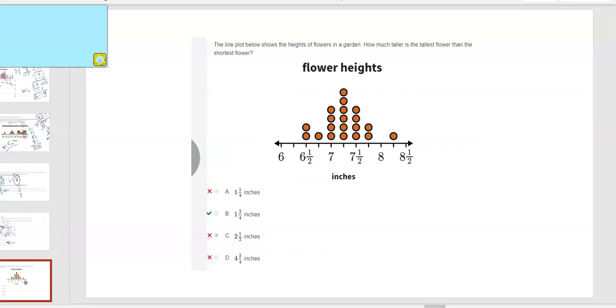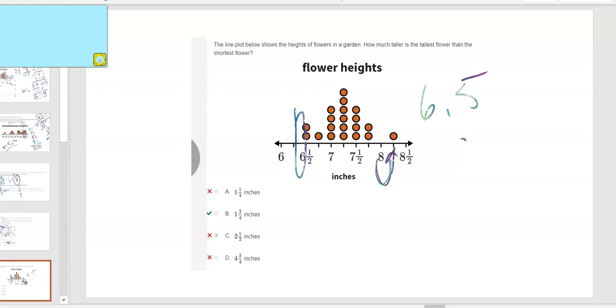The line plot shows lots of flowers in a garden. How much taller is the tallest flower than the shortest one? Well, the tallest one is 8 3/4, or 8.75. The shortest one is 6 1/2, or 6.5.